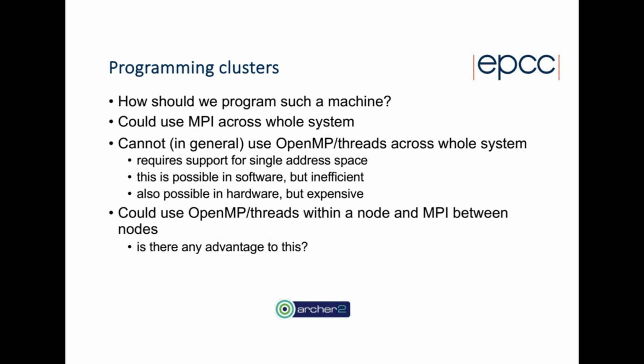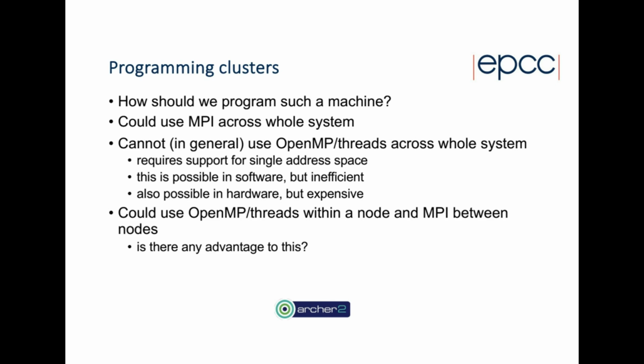Well, in general, of course, we can't use OpenMP or threads across the whole system because that would require support for a single address space. It's not completely impossible. People have tried in the past to do software support for a single address space across distributed memory systems. It's never really worked very well.